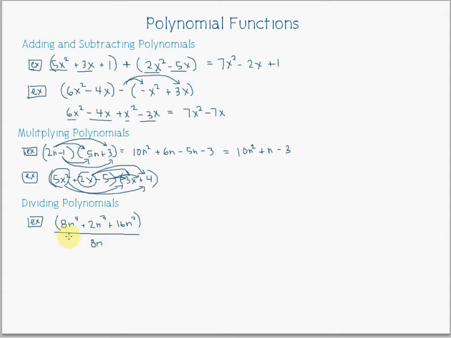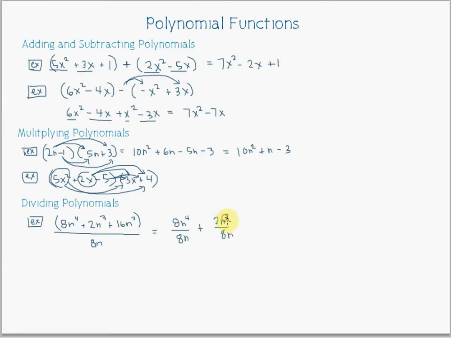So we can't just take out the 8, because that eliminates the 8 before it has been able to divide out of both of these as well. So what we have to do if we'd like to eliminate that is rewrite it so that it divides each term separately. So for instance, we have our 8n to the 4th, and we can divide that by 8n separately, and then we can also take and divide the 2n cubed by 8n.